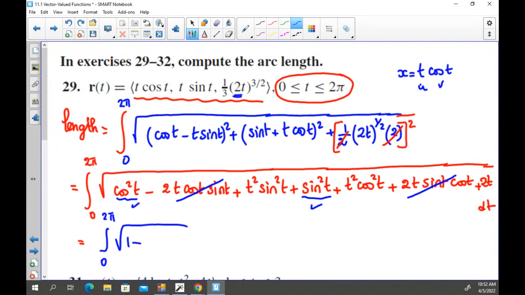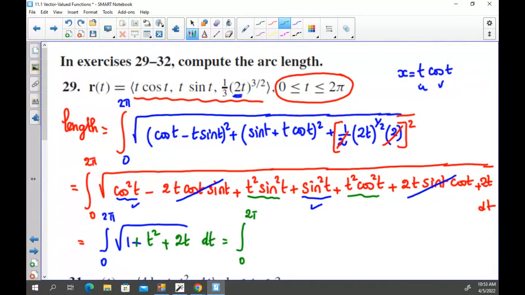Also, this and this will give us t squared, factoring out cosine squared plus sine squared, which is 1. And then plus 2t dt. So it was a bit scary there, but actually it simplifies into this simple expression.